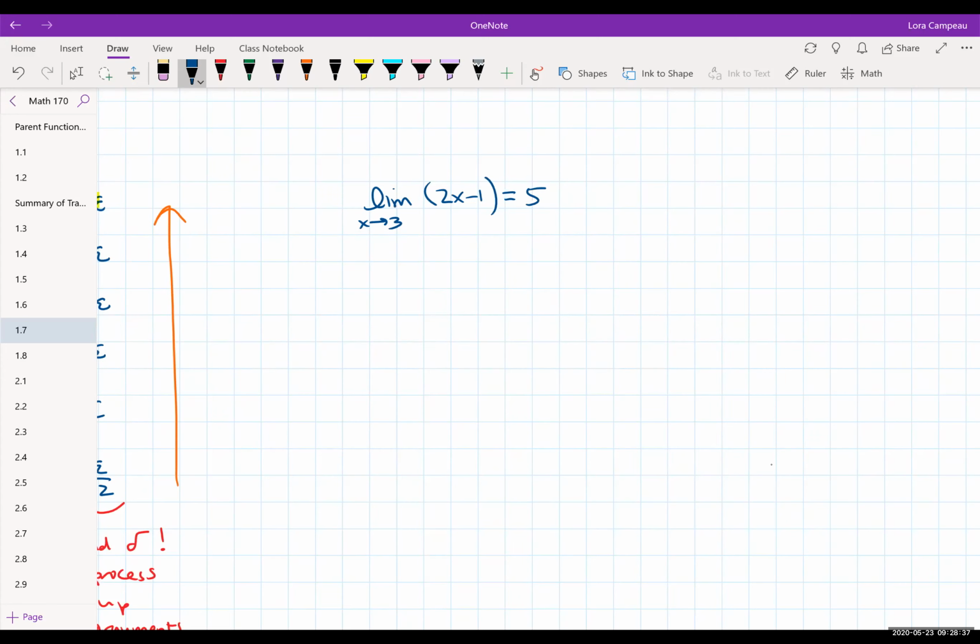If we're going to draw this out, a lot of times I'll just draw an XY axis, and I'll exaggerate it a little bit because we want to see the distances. I always have to go back to notating who is my function. According to the notation, my function is 2x minus 1.